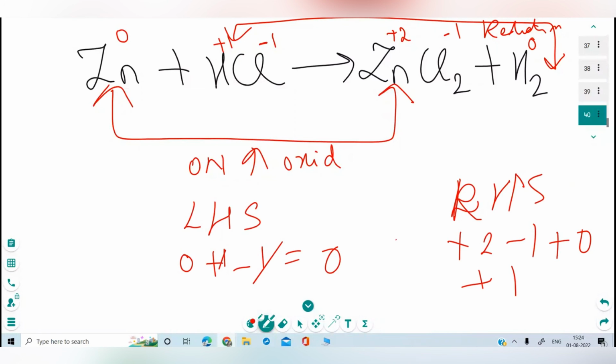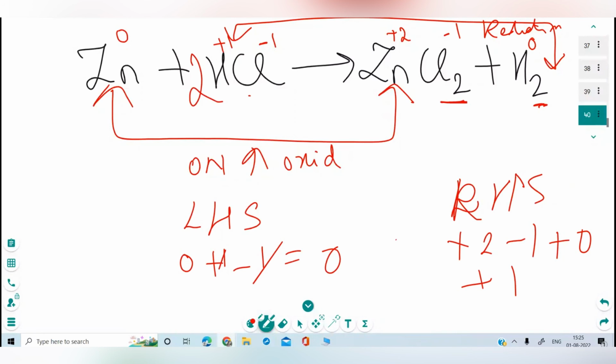That means it is unbalanced. It is not unbalanced by charge. It is unbalanced by molecular structure. Why? Because chlorine is 2 on the left and here chlorine is 1. H is 1 on the left, here H is 2. So you will write 2 here.